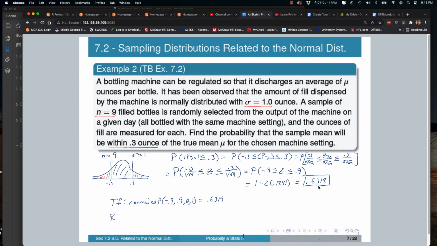In R, you can do the same thing, but this time you have to do pnorm of 0.9 minus pnorm of negative 0.9, and that should give us the same thing, but we're going to double check it real quick. I have R pulled up.